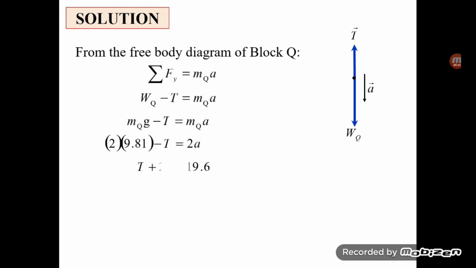Substitute the values and we get T plus 2A equals 19.6. This is the second equation. You can solve this by mathematical process: equation 2 minus equation 1, and we get 6A equals 30.2. So A equals 5.03 meter per second squared.